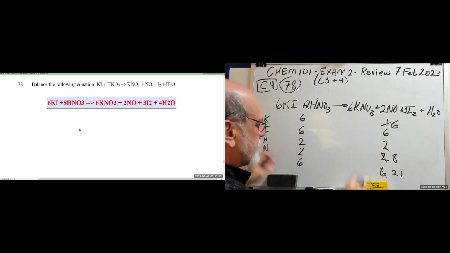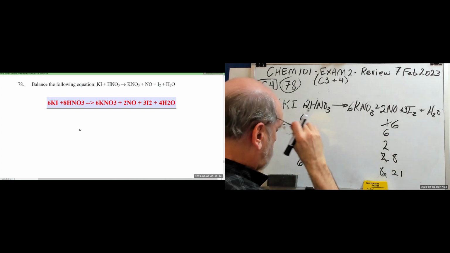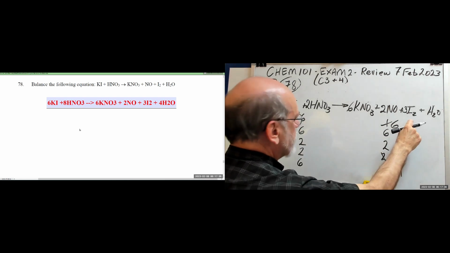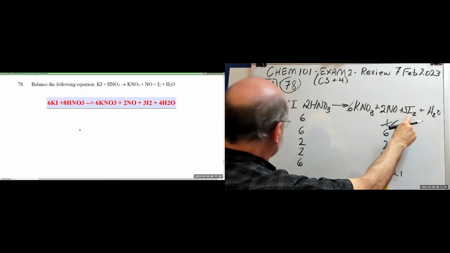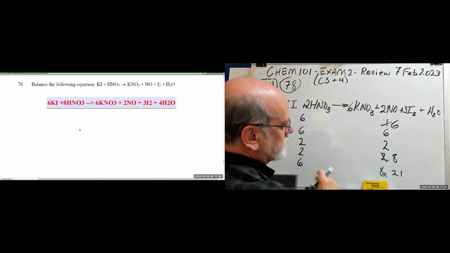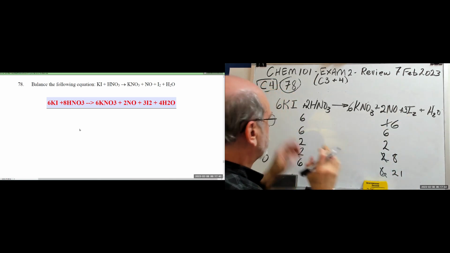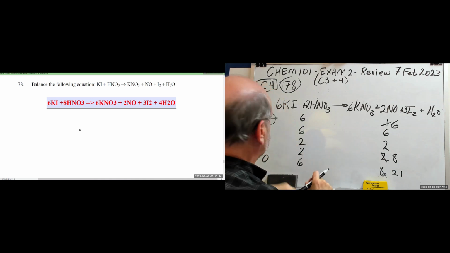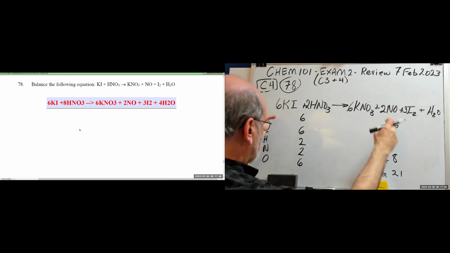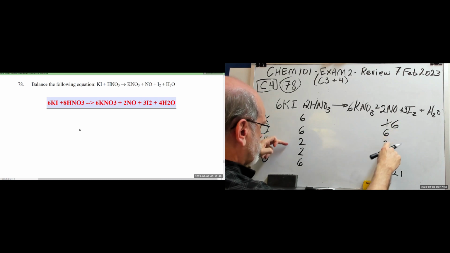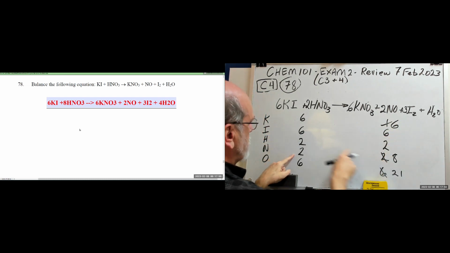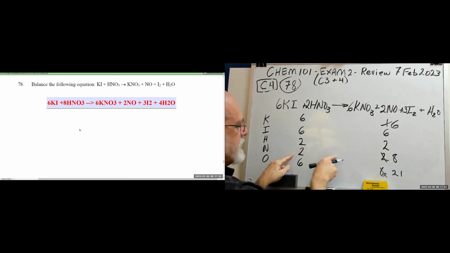So now we've thrown everything out of kilter again. We've got an element over here, so we're going to save the iodines till last, just in case we mess them up. Let's see. What do we got? 6, 6, 2. Okay, nitrogens. We need 8 nitrogens on this side.